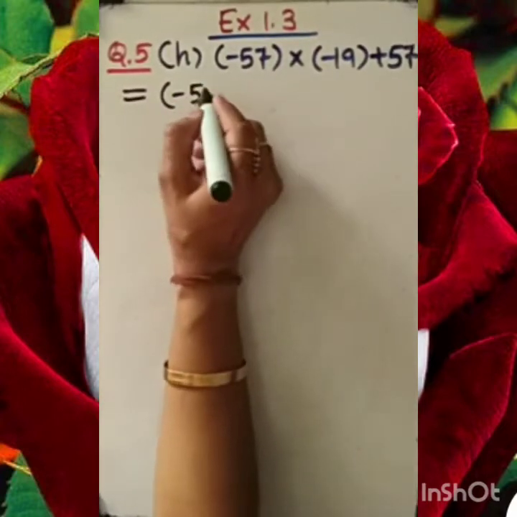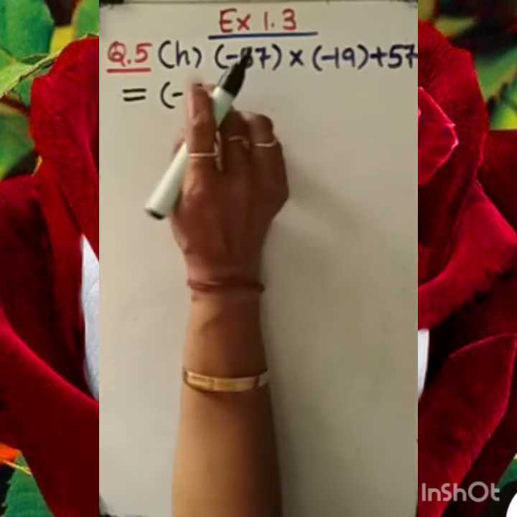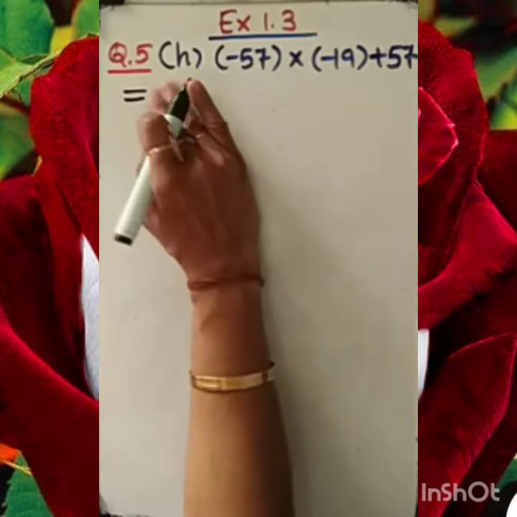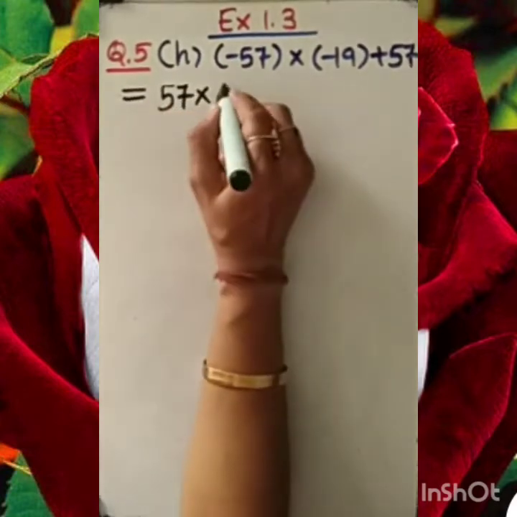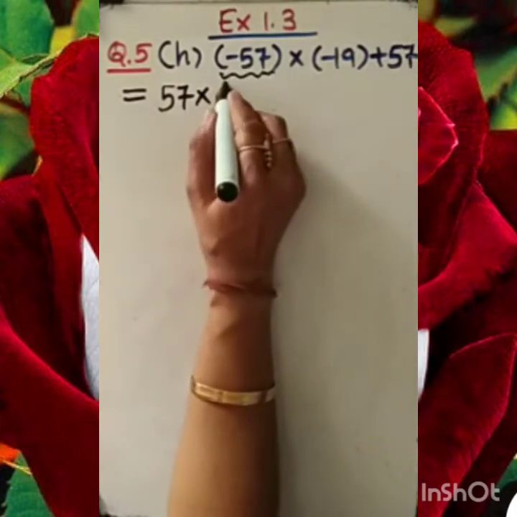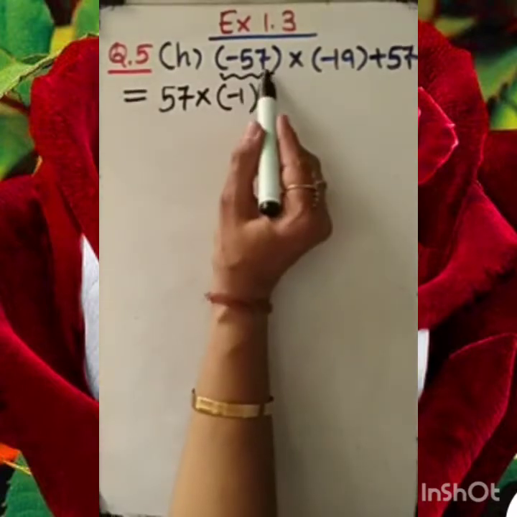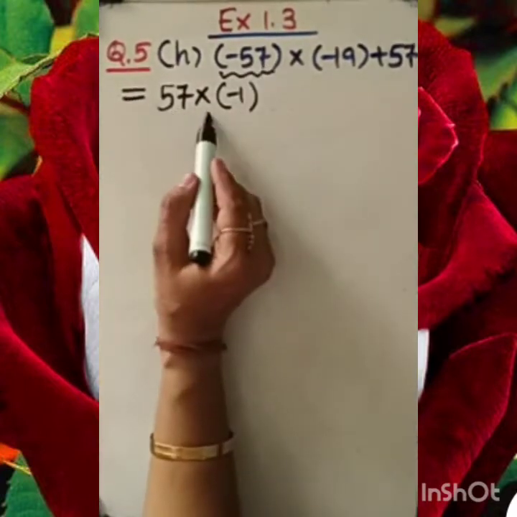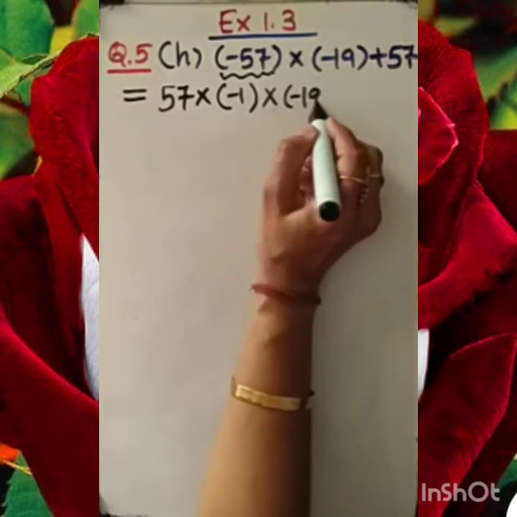Just look at your screen. I am writing minus 57 as 57 into minus 1, and minus 19 is already here.